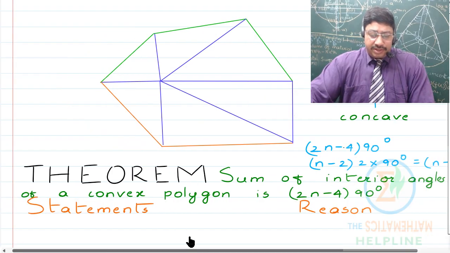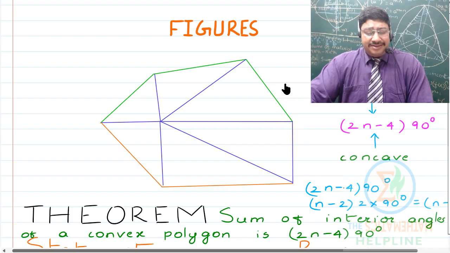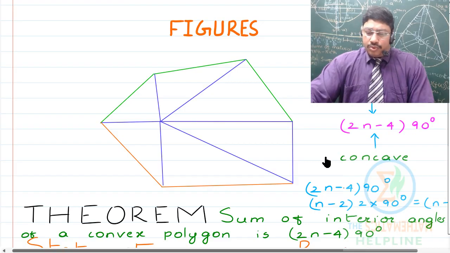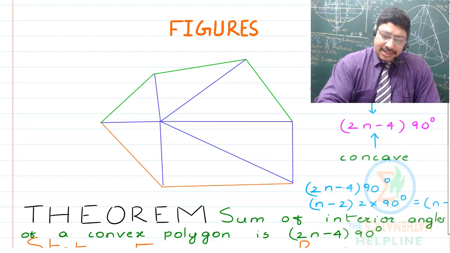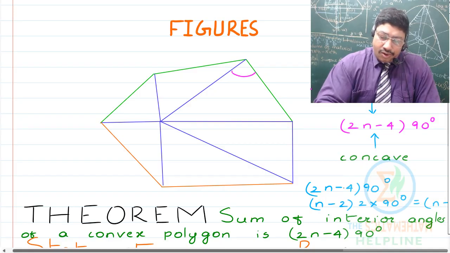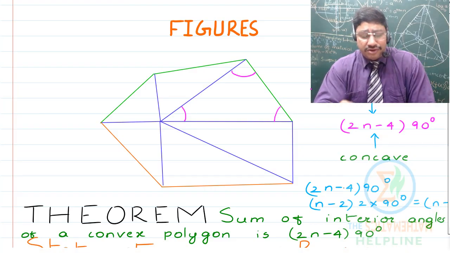Now how to prove it? You remember we talked about these triangles. Now we're going to do something about these triangles. I'm sure all of you know that whenever we have a triangle, the sum of the interior angles of a triangle is equal to 180. What do I mean by the interior angles of a triangle? If you talk about this angle, or this angle, or this angle, these form the interior angles of a triangle.